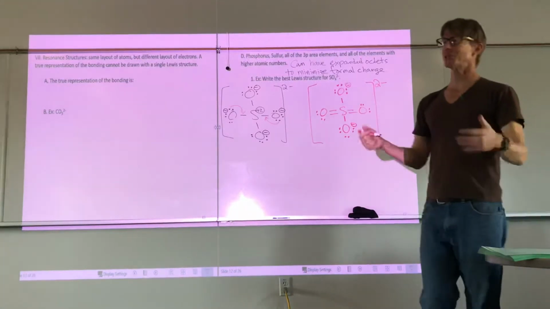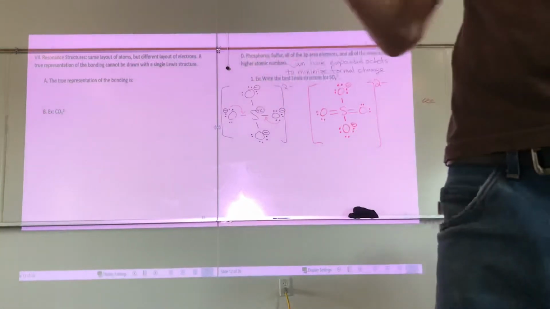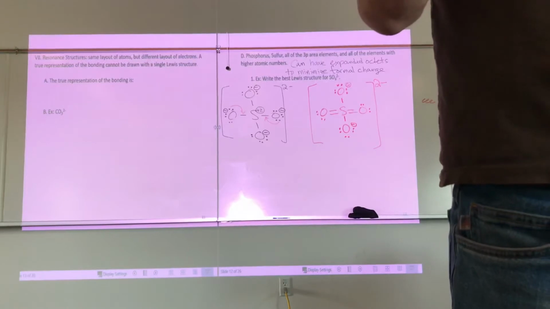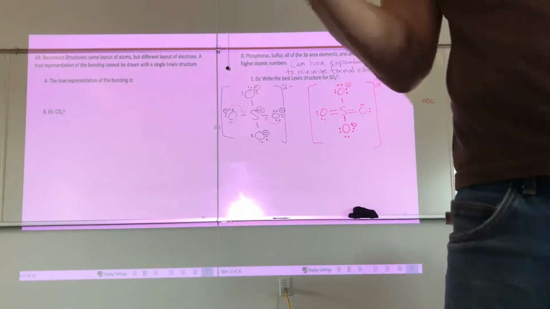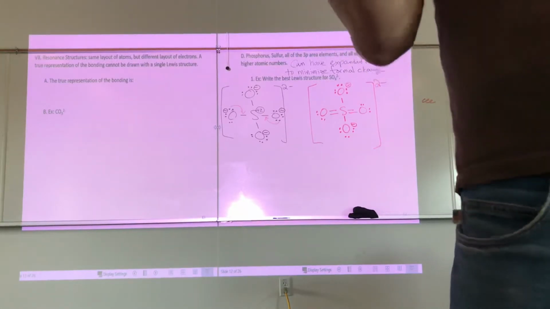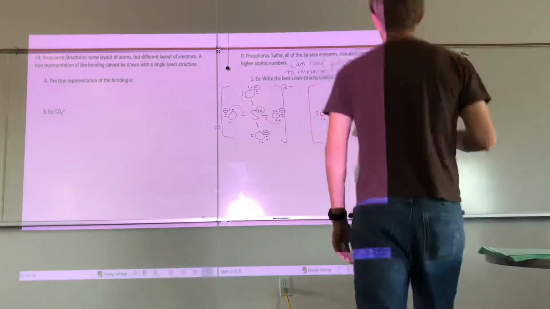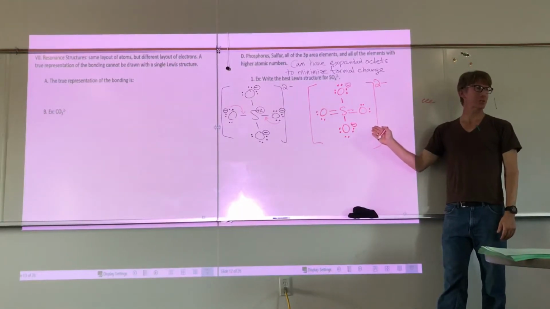What I'm looking for is when you draw a Lewis structure, you show me that there is charge in that species and that you recognize that. Because the SO4 with no charge is an entirely different species, an entirely different Lewis structure. In fact, it may or may not exist. This is the best Lewis structure for sulfate. This is the correct one.